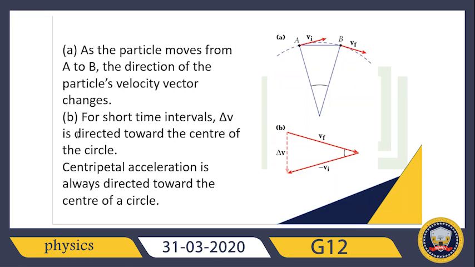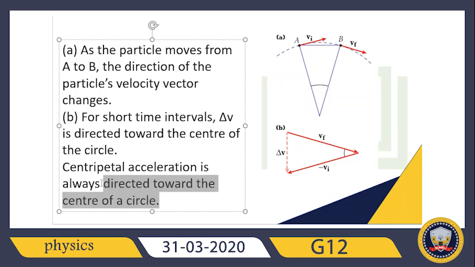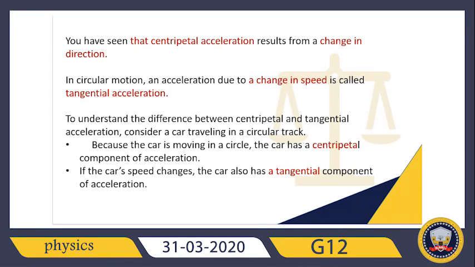So an important note: centripetal acceleration is always directed toward the center of the circle, because delta V, the direction of Vf minus the direction of Vi, must always point to the center. Centripetal acceleration results from change in direction.